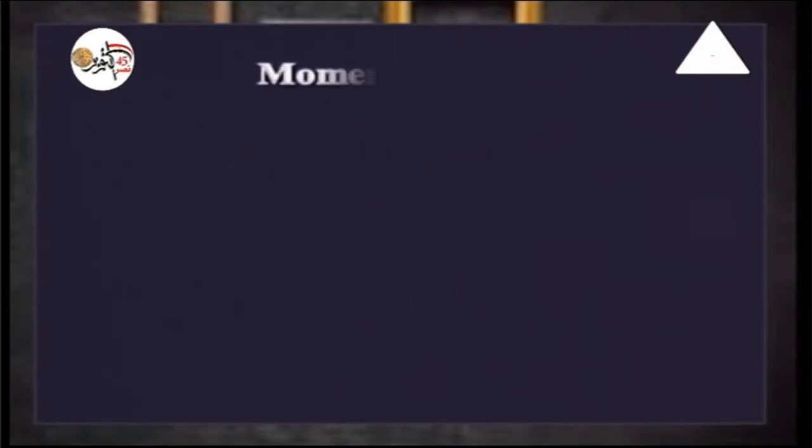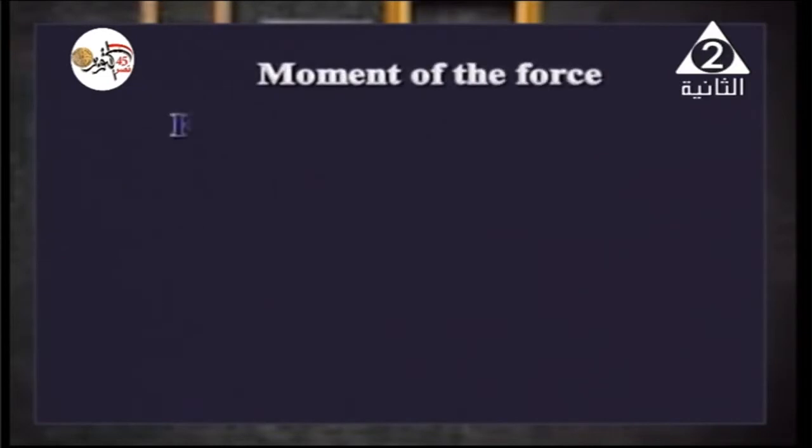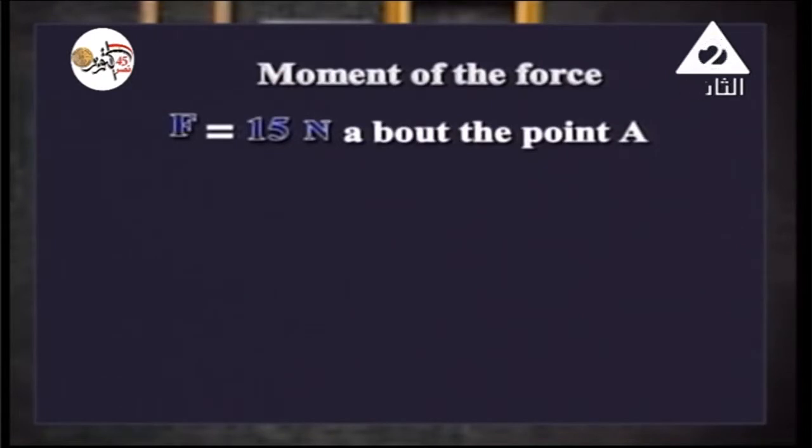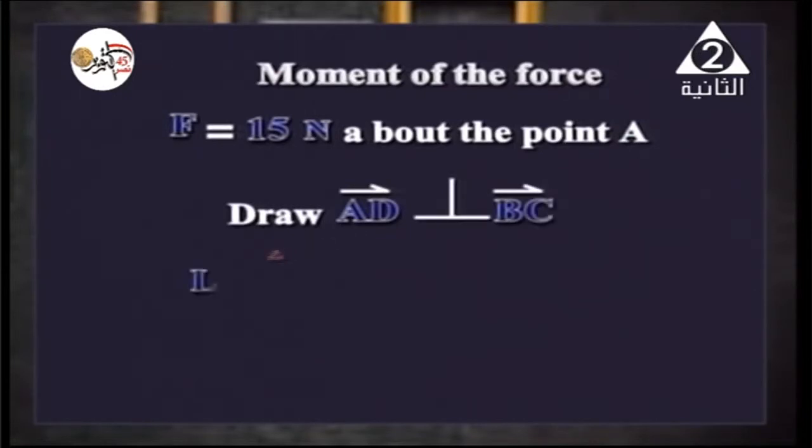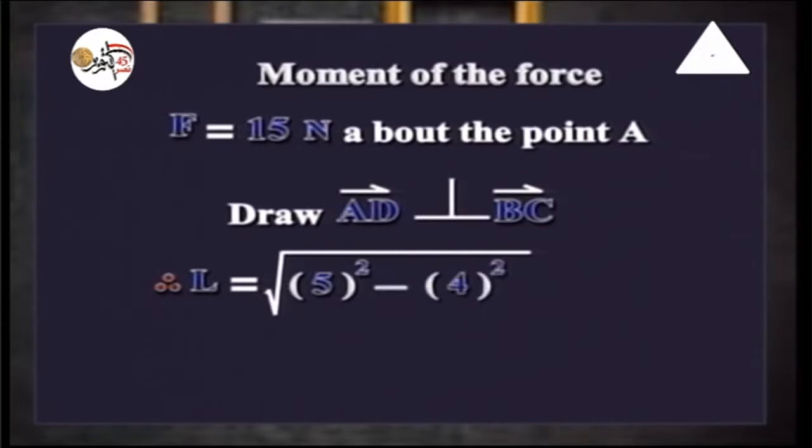Moment of the force F, 15 Newton, about the point A. We draw AD perpendicular to BC to find the value of L. By Pythagoras, the square root of 5 squared minus 4 squared equals 3 centimeter.